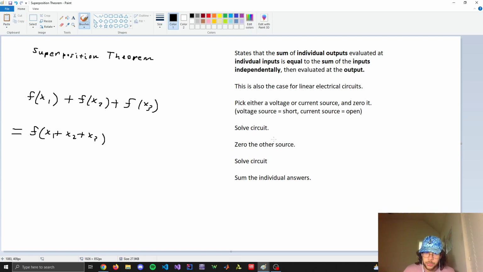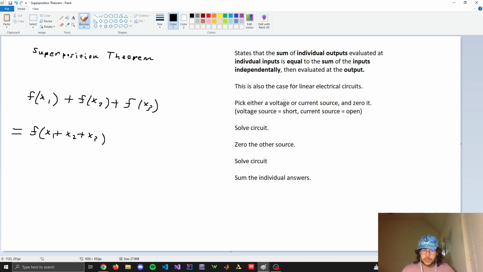So how this works in circuits is, if you have voltage sources and current sources, two different kinds of inputs, you could either solve the circuit just as a whole, considering both sources, or you could zero one of the sources, then solve it, and then zero the other source, and solve it again using just that source, and then you add those two quantities together. That's what the superposition theorem in circuits says.